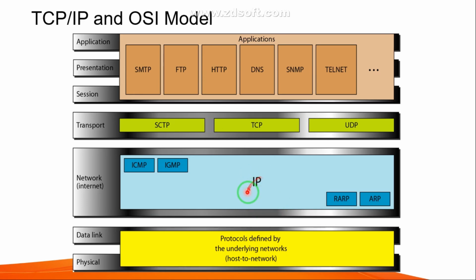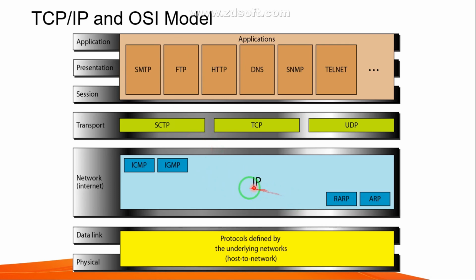And remember, IP is a connection-less protocol, and it doesn't provide flow control, error control, or congestion control services. So any of these services demanded by the application layer can't rely on the IP layer. For this, it needs to rely on the transport layer.